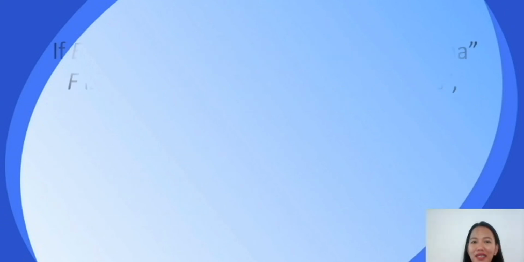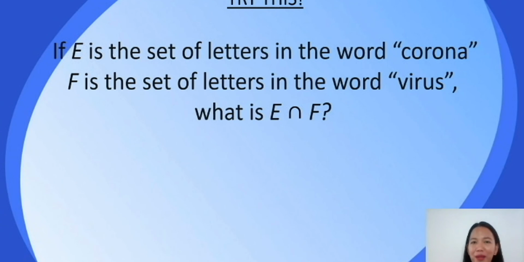How about this one? If E is the set of letters in the word corona, and F is the set of letters in the word virus, what is E intersection F?